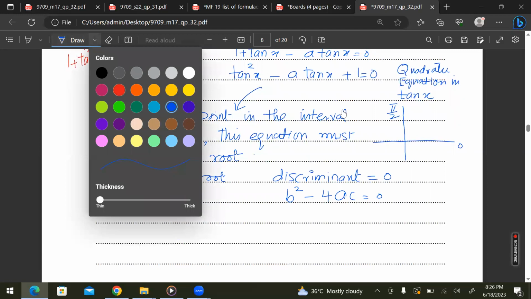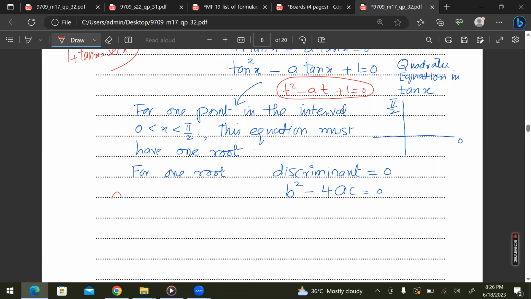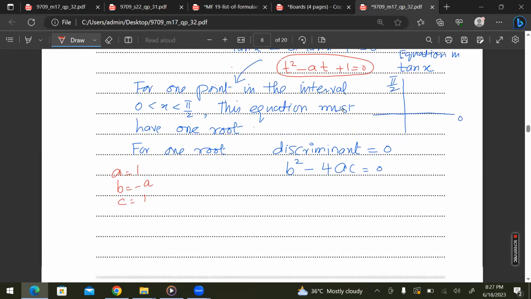For understanding, you can write this as t square minus at plus 1 equals 0. So a is the coefficient of tan square, which is 1. b is the coefficient of tan x, meaning minus a, and c is the constant, which is 1.